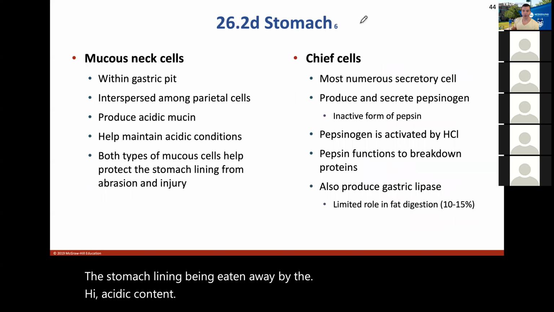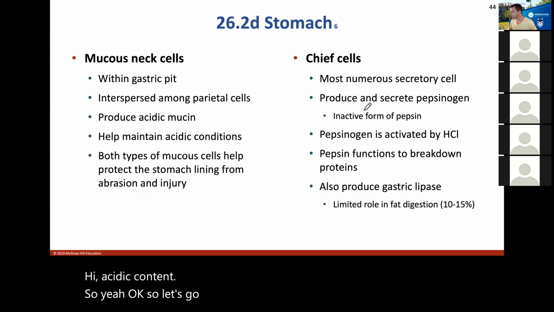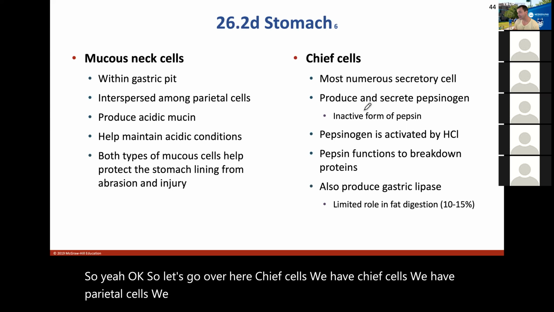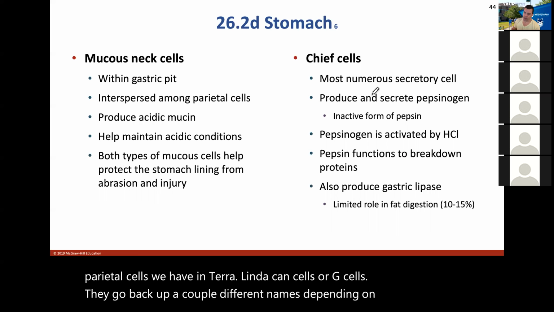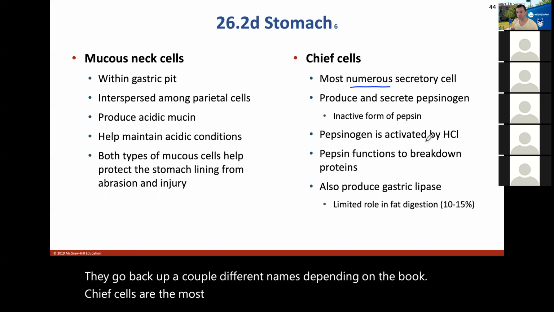So yeah, okay, boring. So let's go over here. We have chief cells, parietal cells, and enteroendocrine cells or G cells. They go by a couple different names depending on the book. Chief cells are the most numerous. Why are they the most numerous?